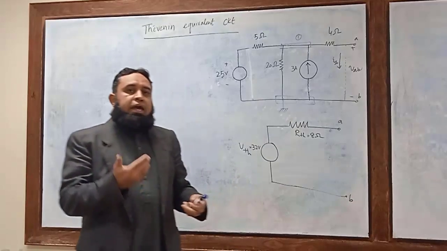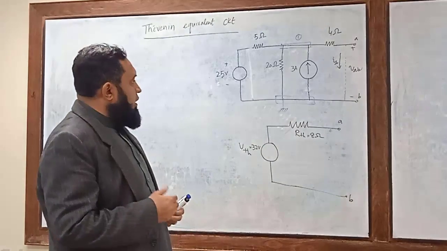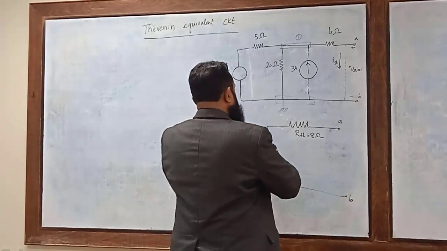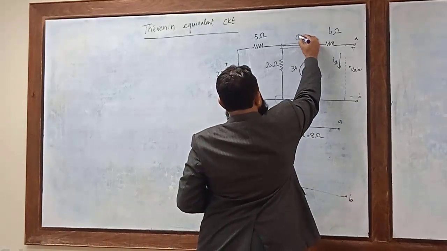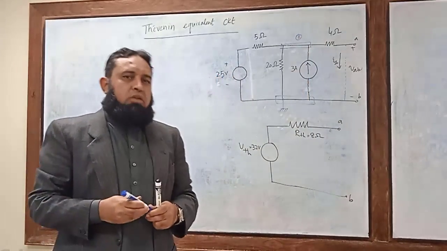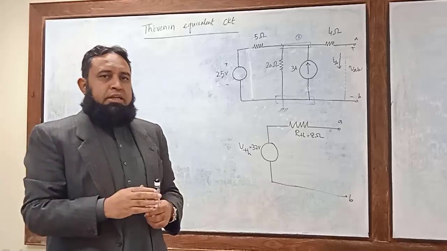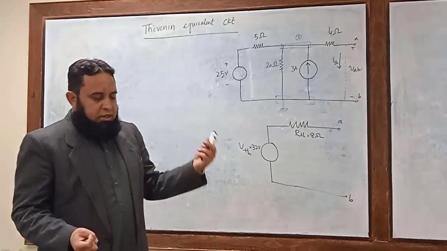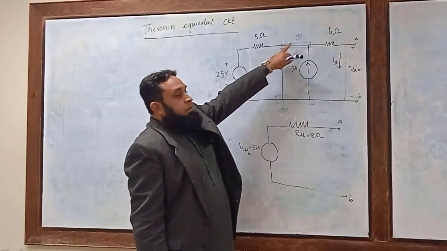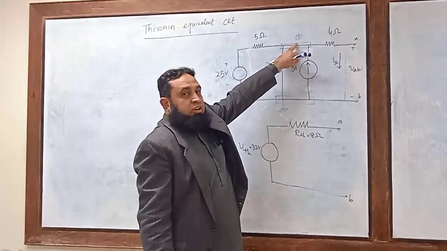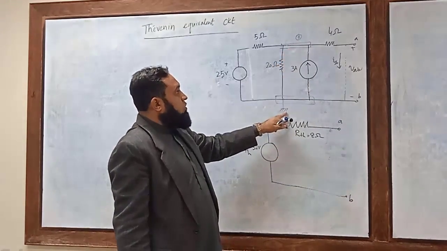Okay, again apply the node voltage method. So let's assume that at this stage we have node 1, 1. Okay, you can label it another name if you are not happy with 1, 1. So it's up to you. So we just make it node number 1, 1, and this is the reference node.